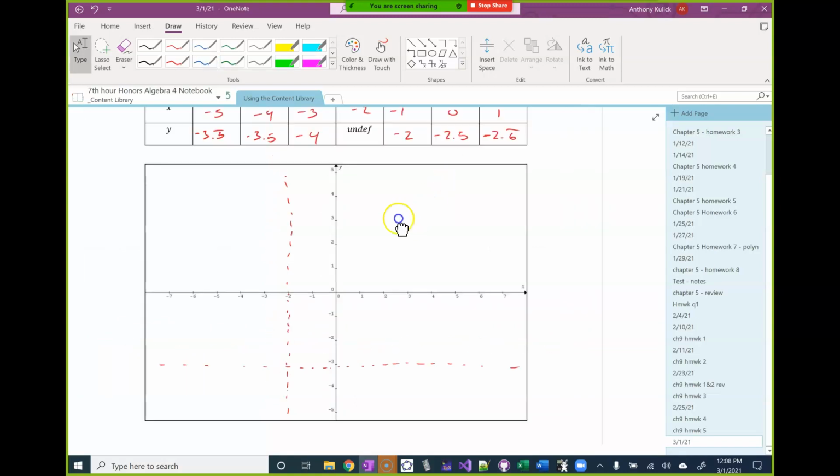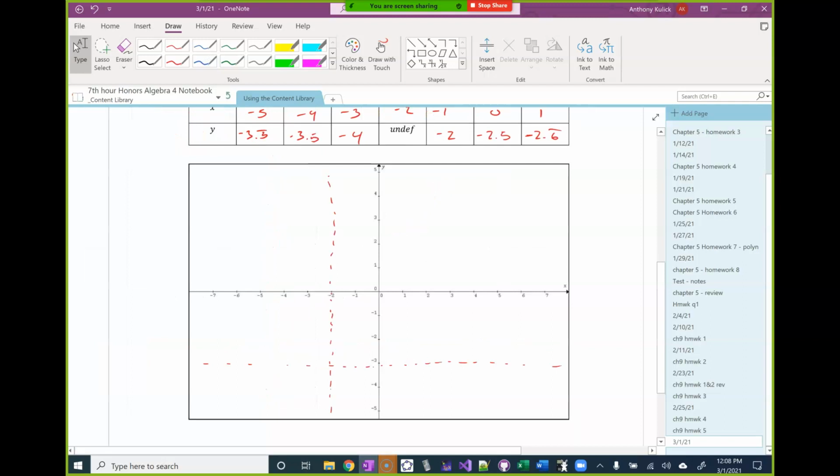And then I'm just going to go ahead and start plotting my points. So -5 and -3 1/3. And then -4 and -3 1/2. And then -3 and -4. So if I draw my graph, then it looks something like that.